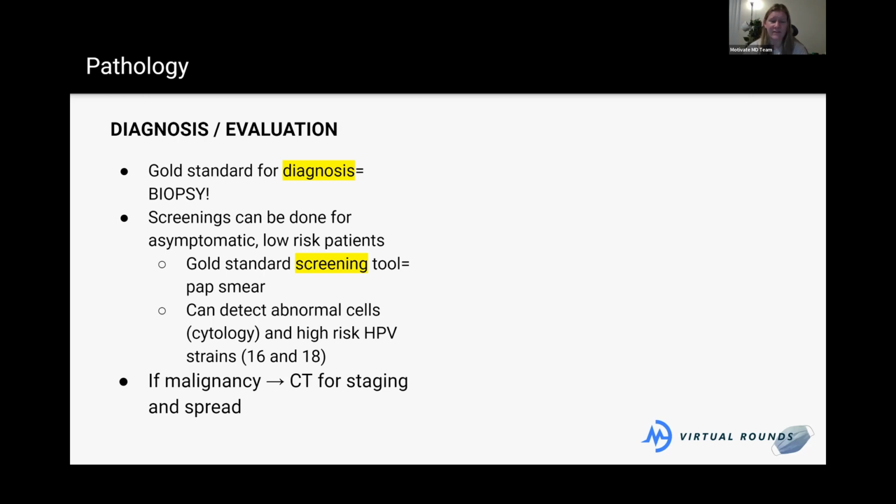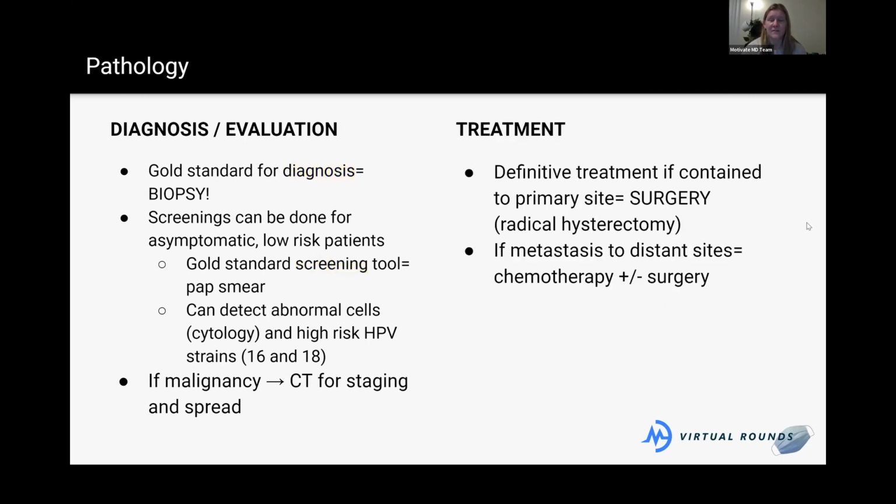Once we have a diagnosis of cancer, before we can treat it, we have to know what stage it's in, so whether it has spread to other organs or distant sites. We make that assessment by doing a CT to see if it has spread or metastasized outside of its local area. Luckily, if it hasn't spread, then most of the time you can do a surgical treatment of the primary site.